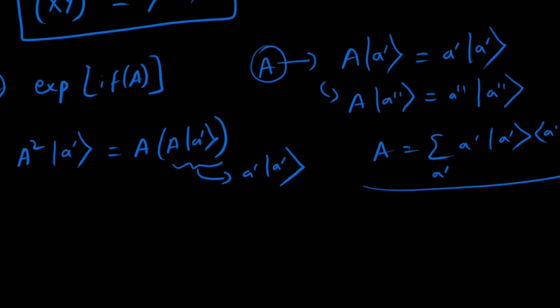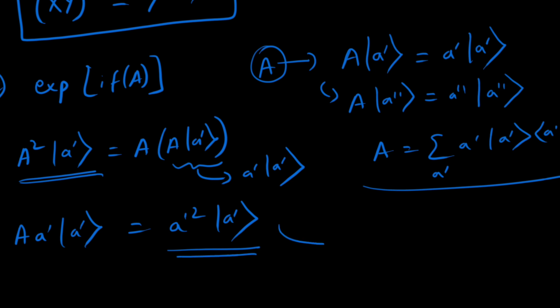So we get A acting on A prime, which will give us A prime square, A prime. So this results in this value. So we can write that A square acting on A prime is just A prime square, A prime, right?